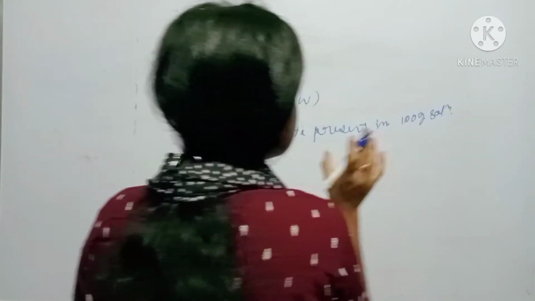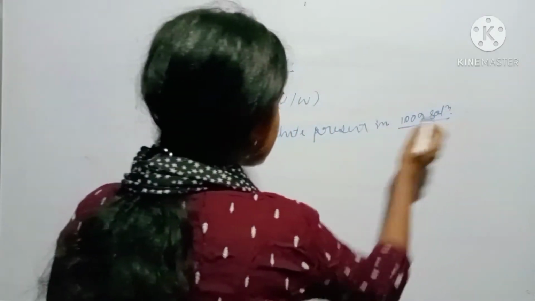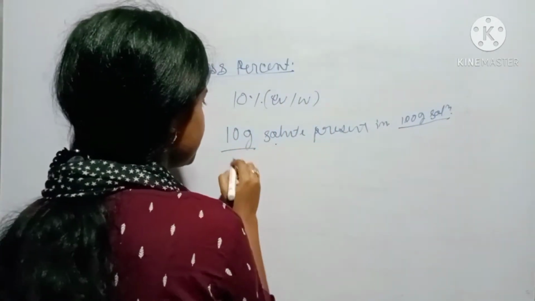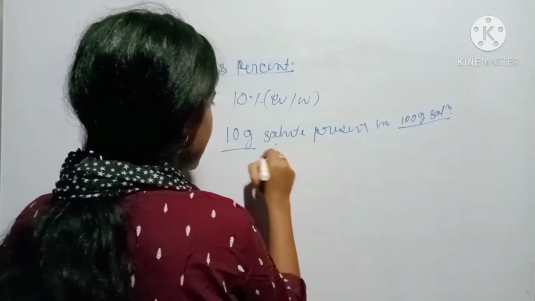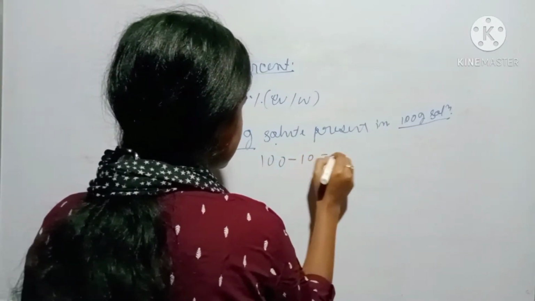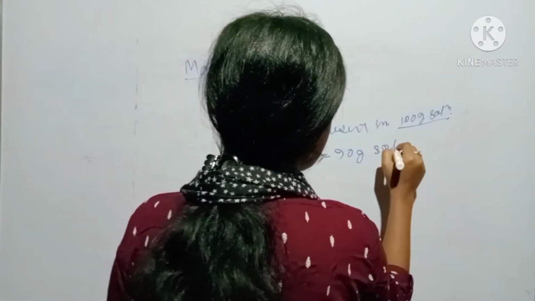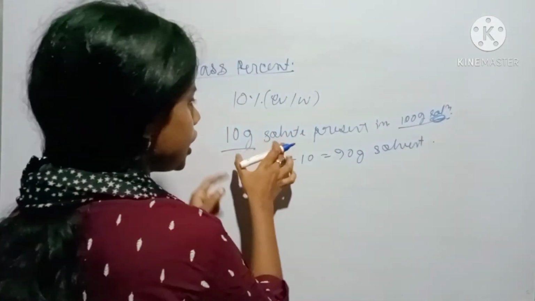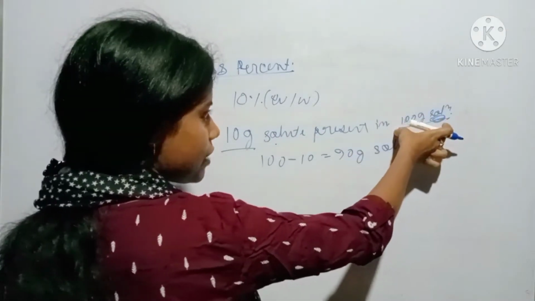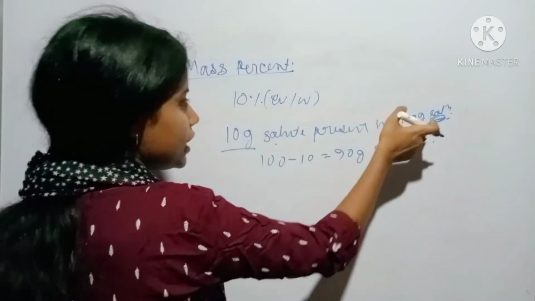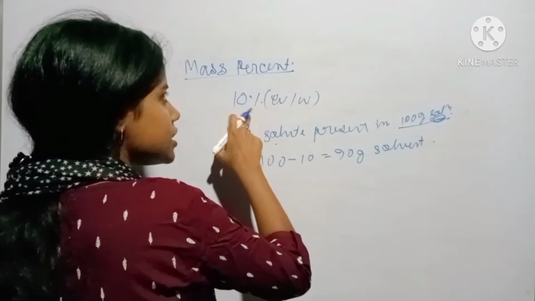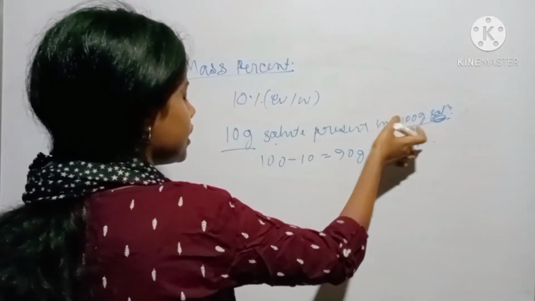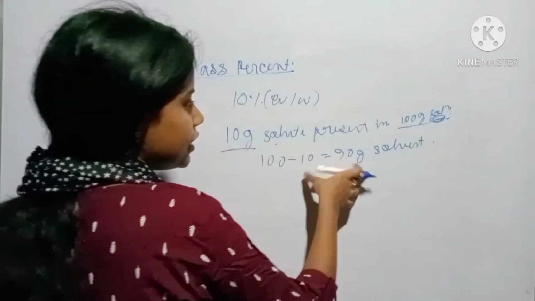That means in 100 gram solution there's 10 gram solute, and the other 90 gram, 100 minus 10, is solvent, because we know that a solution is made by solute plus solvent. If in 100 gram solution there is 10% solute, that means 10 gram is solute and the other 90 gram is solvent.